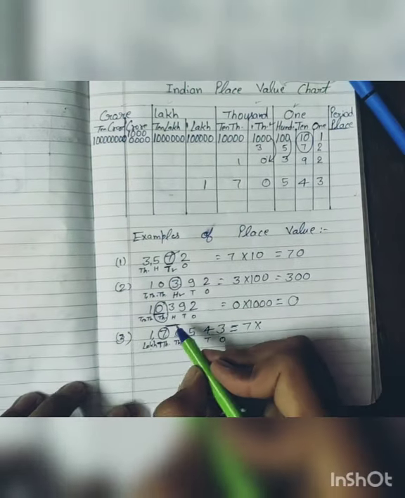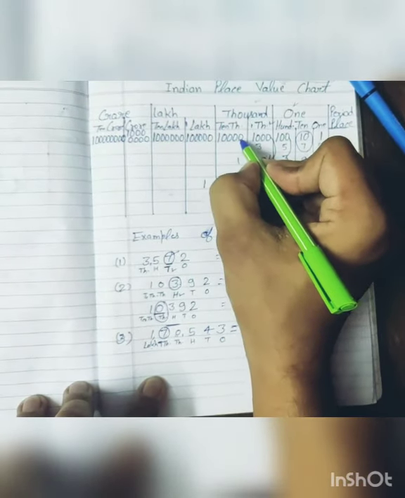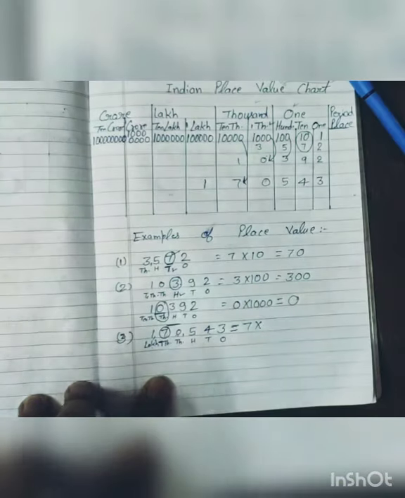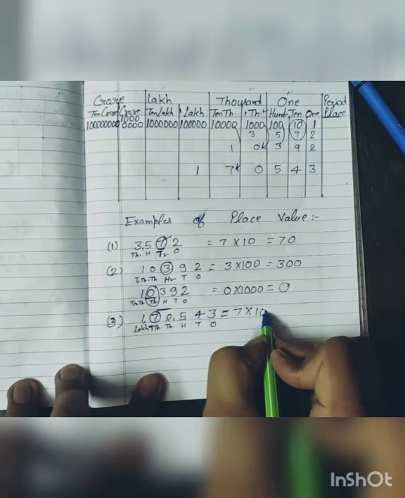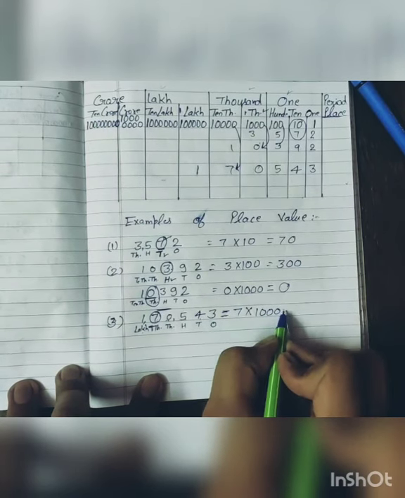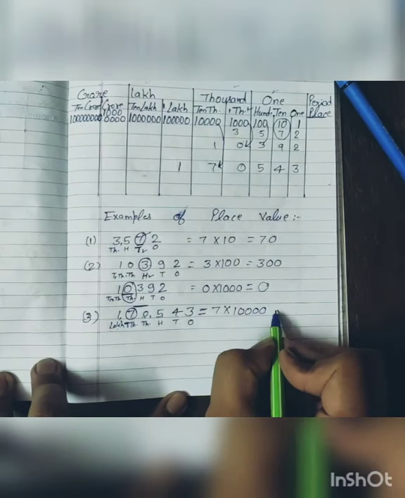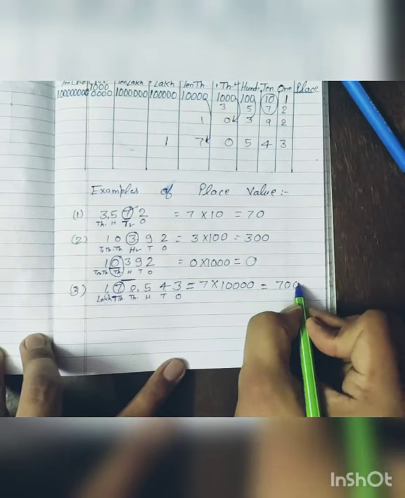Clear? And we have to find the value of 7. So 7 multiplied by the place value, that is 10,000. So 7 multiplied by 10,000, and when we multiply 7 by 10,000, it will become 70,000, like this.